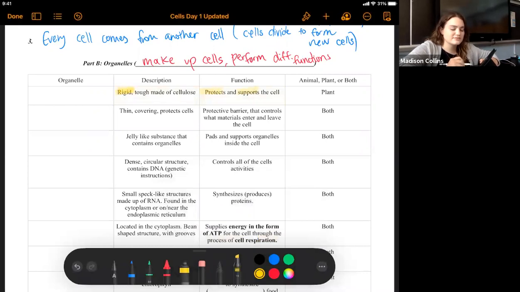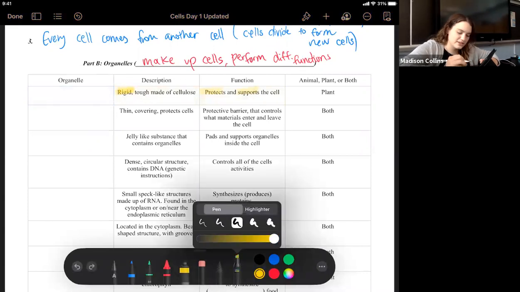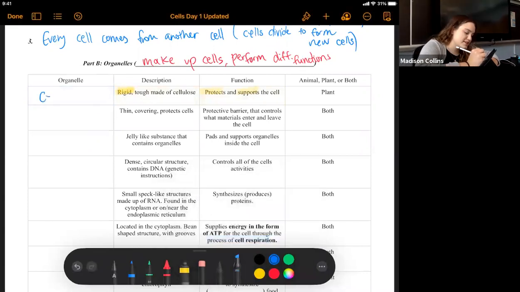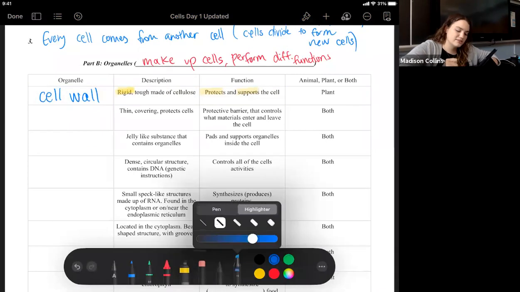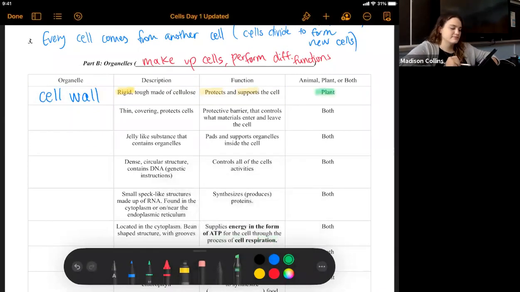So what is it? What do we think? This organelle is going to be called our cell wall. Ooh, I'm struggling with the iPad today. This is our cell wall. Okay, and note that it is only found in plant cells.